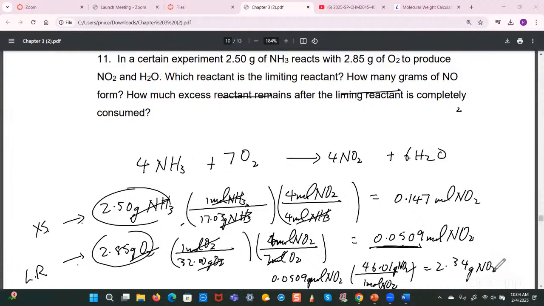So the remaining part is how much excess reactant remains after the limiting reactant is completely consumed. And we did, in the same example that we did earlier, something very similar to this right here. Now, let me just create some space here. I'm going to erase the bottom part right here.